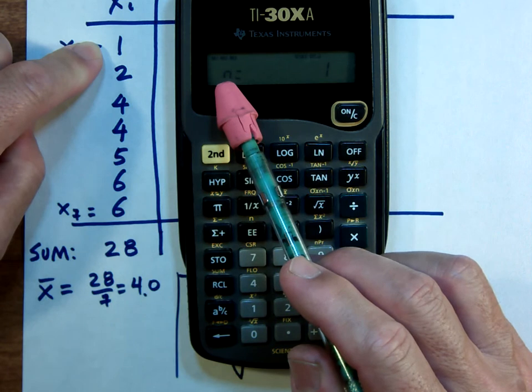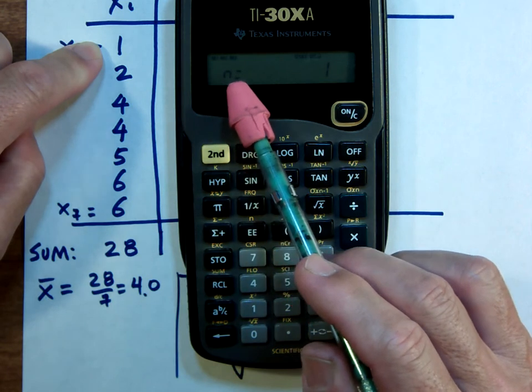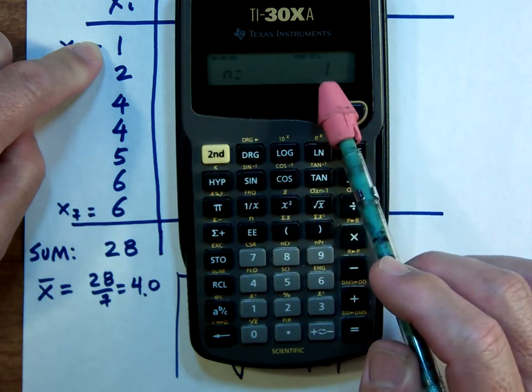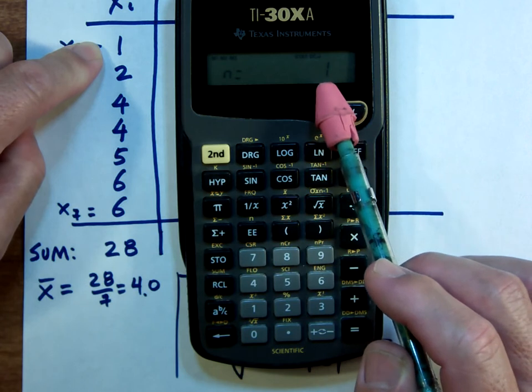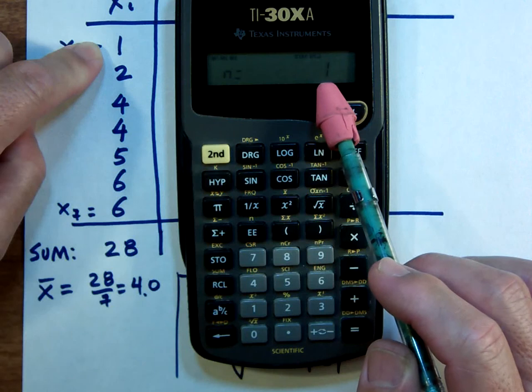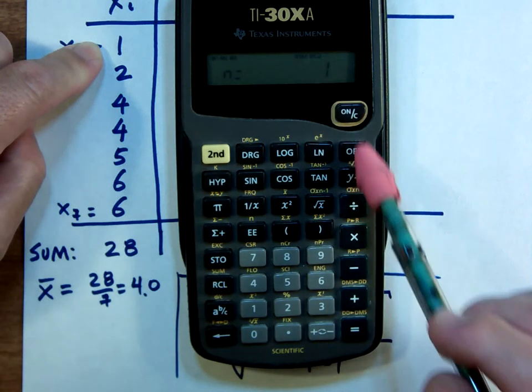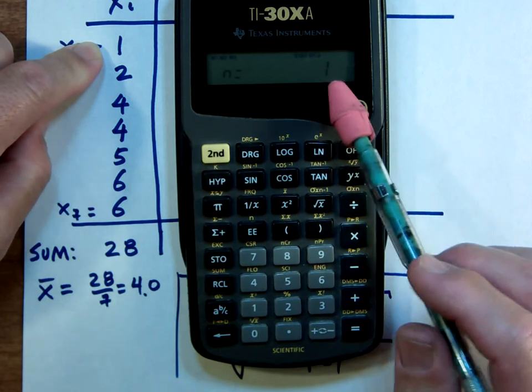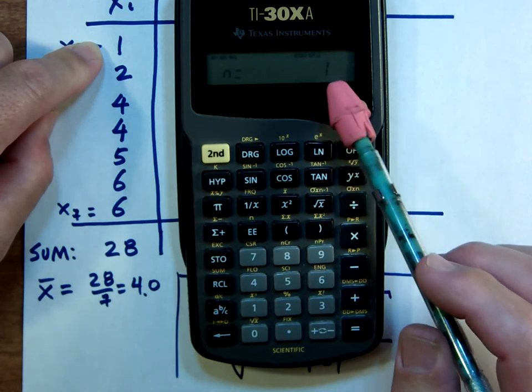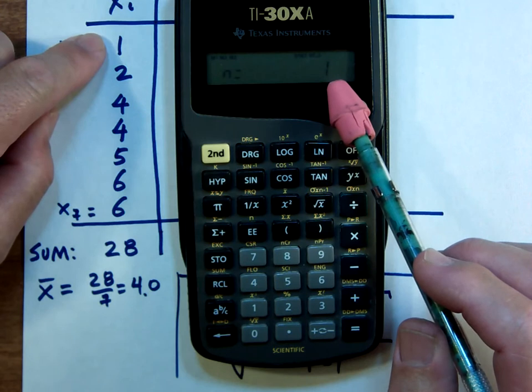Remember, n represents the number of data points, and n is equal to 1. If that doesn't show 1, that means you have some other data stored, so you have to start over by turning off and turning on again. Again, that 1 is not the data value 1; it represents the first data.